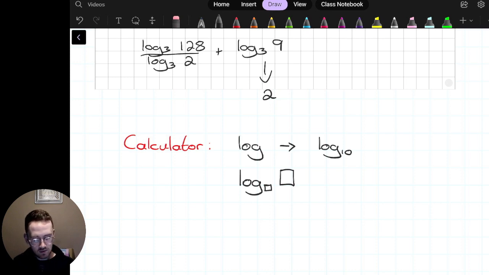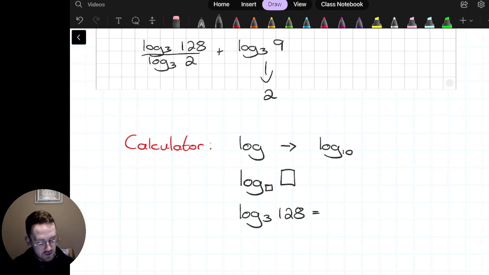So for example, we could put into our calculator log to the base 3 of 128, and we could see what answer it gives us, because we wouldn't be able to work that out very quickly for ourselves. As will happen with a lot of these questions, we get a decimal number, not a clean cut number.